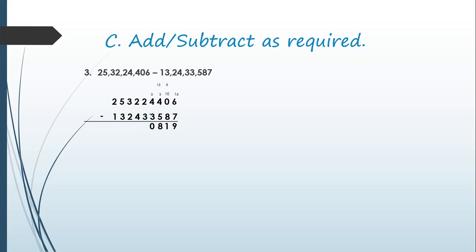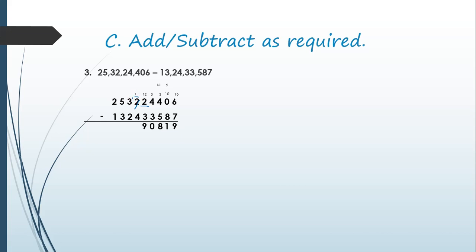Now next, 2 minus 3. 2 is smaller, 3 is larger, therefore we need to borrow from the next place to make this 2 the larger number. If we borrow, this 2 will become 1, I wrote 1 here, and this 2 will become 12. 12 minus 3 is 9. Again, 1 is smaller, 4 is larger, so we need to make 1 larger.